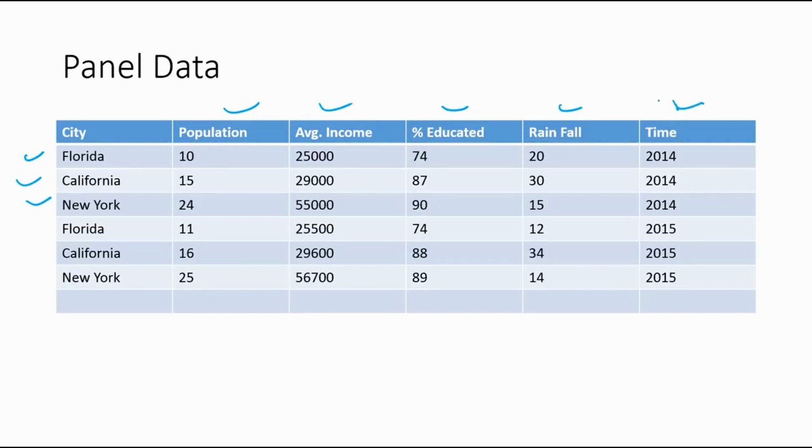Remember in the previous slide we talked about the cross-section data which has got data for only 2014. But here we have got the same data for 2015 as well. Now here we have data for 2 years, or in general we have got data for multiple years, or more than 1 year. So in that case we call this panel data because we have got cross-section data for multiple years.